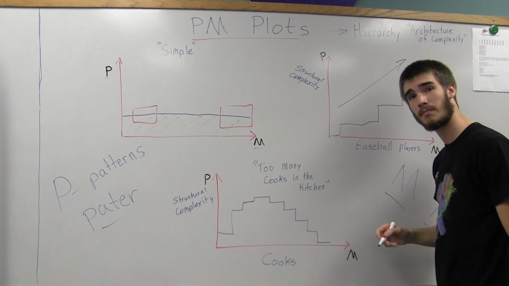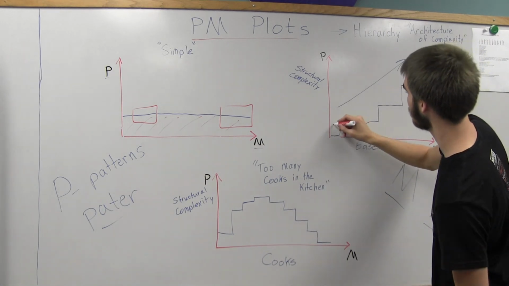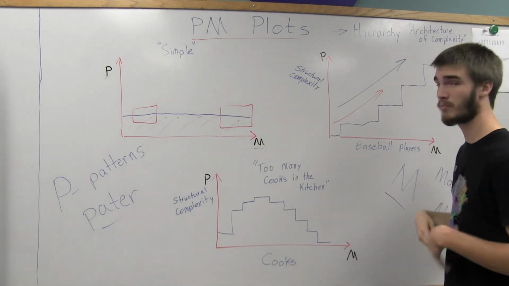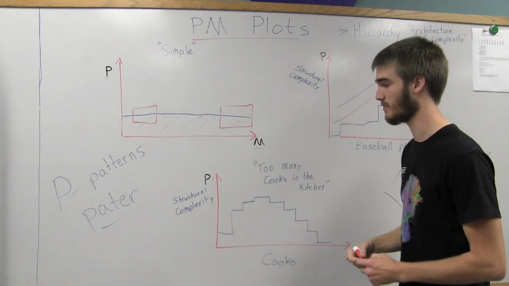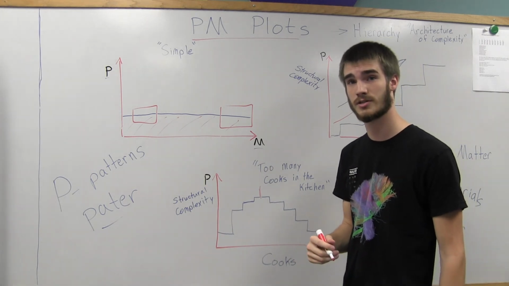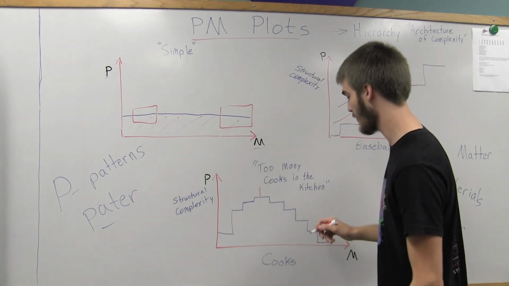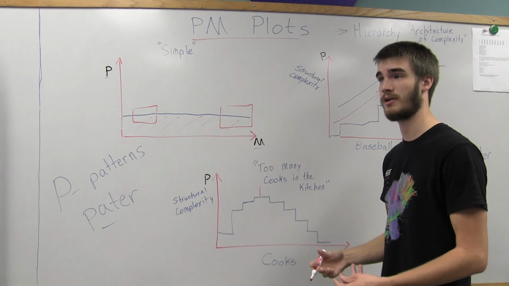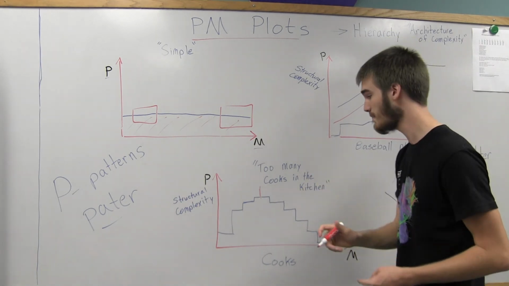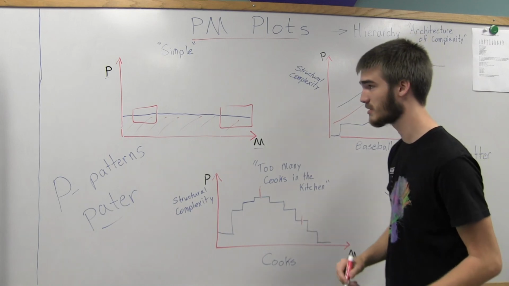In this system, I can see that there are increasing levels of organization as I add more and more things to the system. Here, I see that there is an optimum number of cooks that I should have in a kitchen, and that it would be bad if I'm going for, maybe, a fast food restaurant and I want to get food out quickly. It would be bad to have this many cooks.